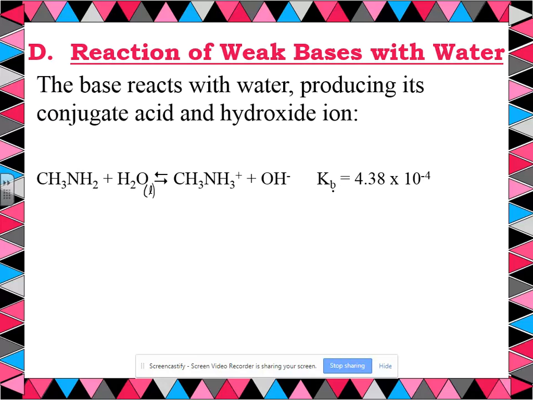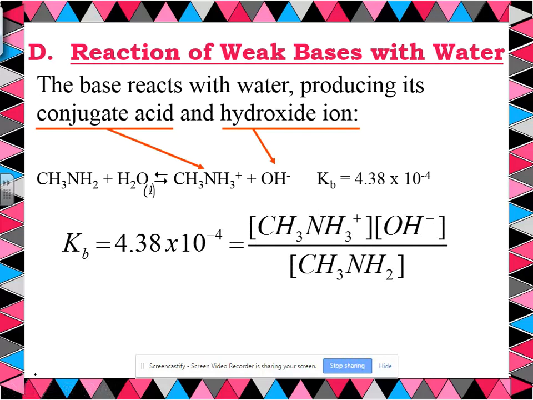Remember, your weak acids and your weak bases will have K values, equilibrium constants, and the B here is just denoting that it's for a weak base. So here's the Kb value for this. So again, conjugate acid and hydroxide ion are the products. If you set up your law of mass action for this reaction, you would include the two products.